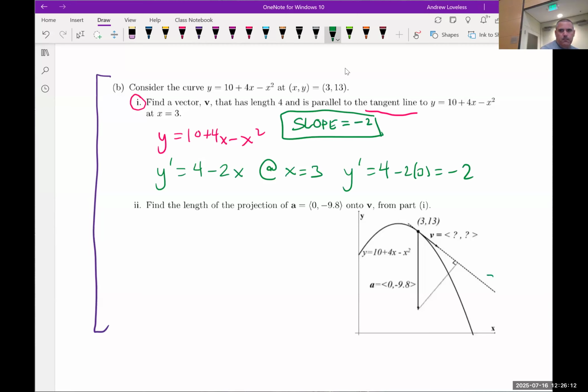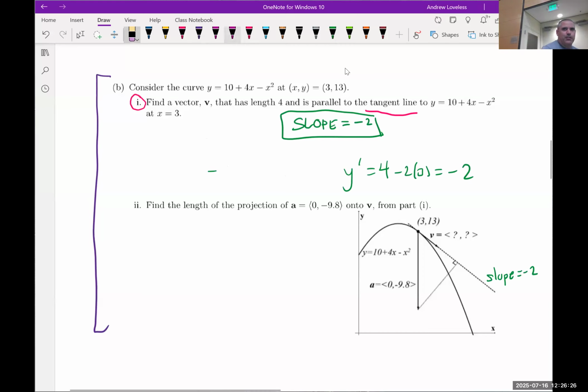That's this line. So the challenge was, how do you find a vector with slope -2? So you use that 1, -2. And then you make it a unit vector. And then you multiply by your desired length.